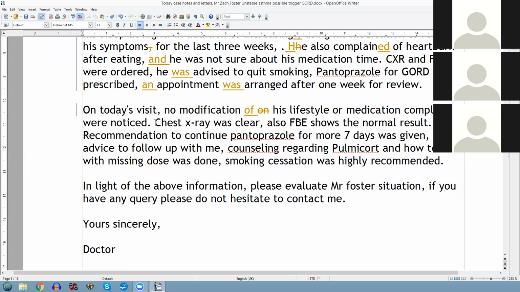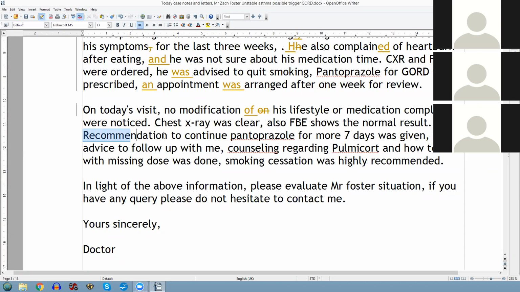Chest x-ray, well, his chest x-ray, why isn't this part of a sentence? Why is this a separate sentence? You could put this into that sentence. No modification of his lifestyle or medication compliance were noticed. Also, his chest x-ray was clear, and also FBE shows normal results.